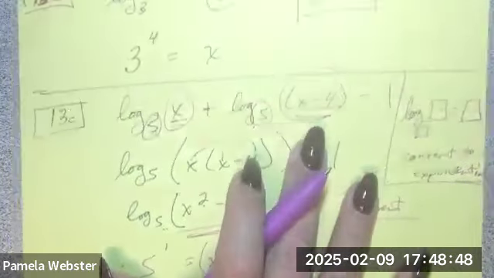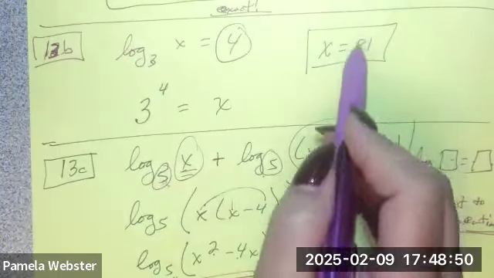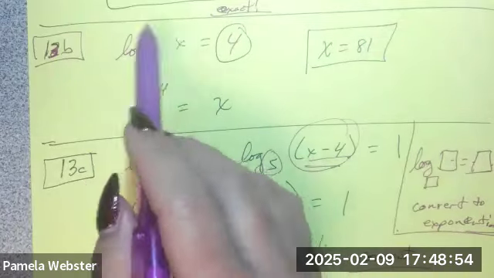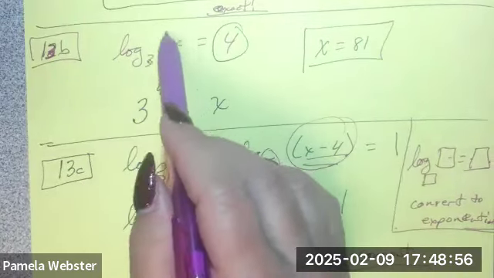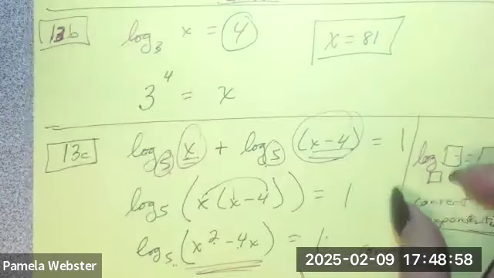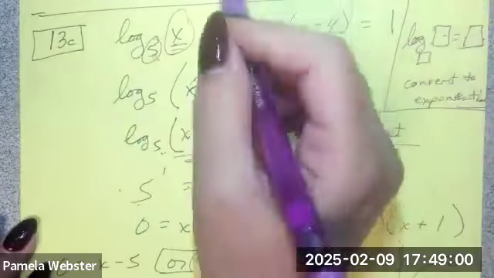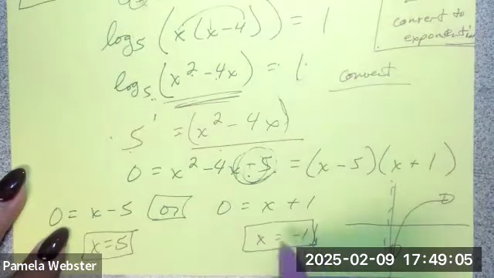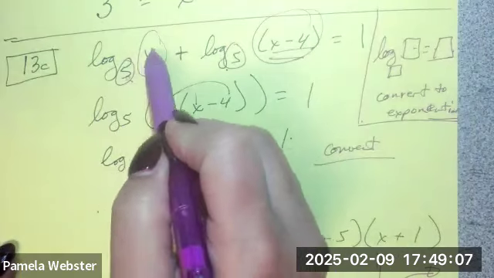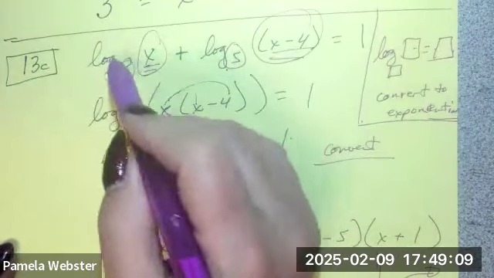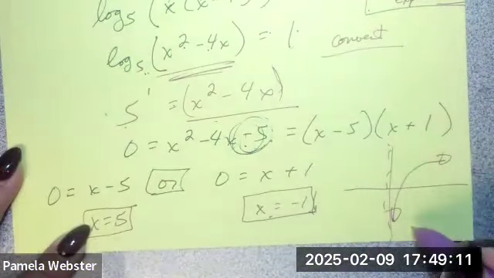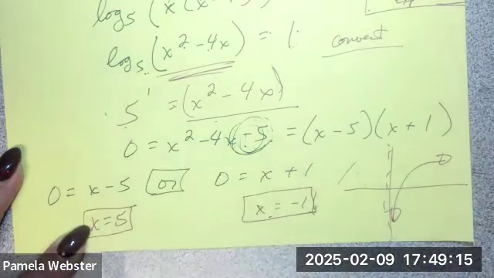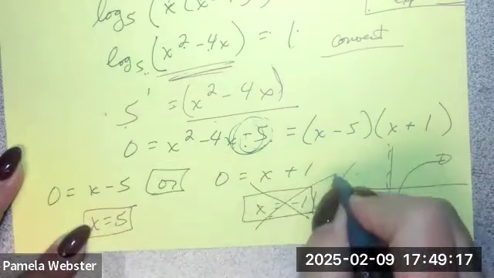I wasn't worried about this on the last problem because this was 81, a positive number, and this was just log base 3 of x, so log base 3 of 81. But here I'm a little bit concerned because I can't put negative 1 in here, because log base 5 of negative 1, that's going to give me an error, right? Because it's not on my graph. It's over here in the no man's land that I shouldn't be in. So for sure, this negative 1 guy is not going to work.